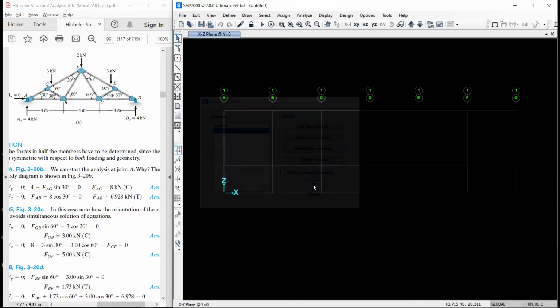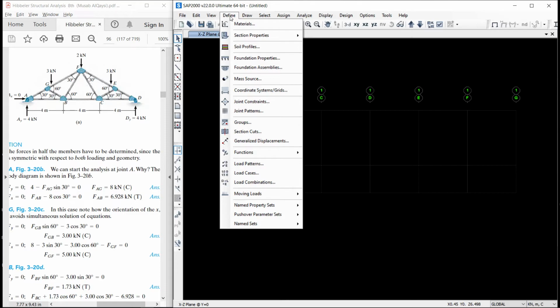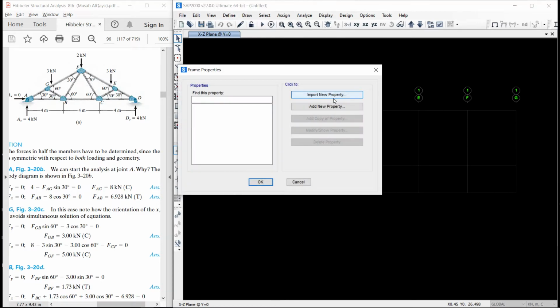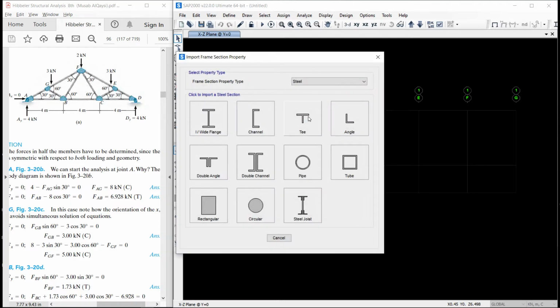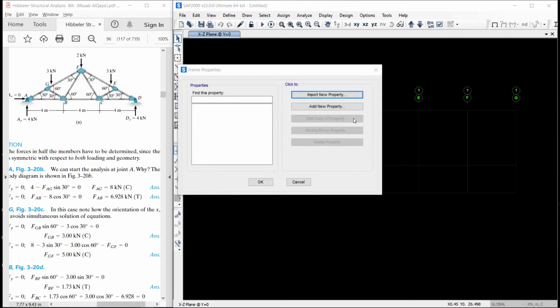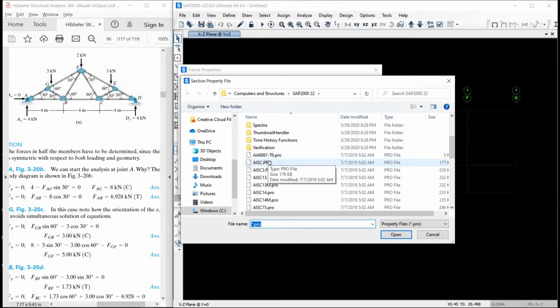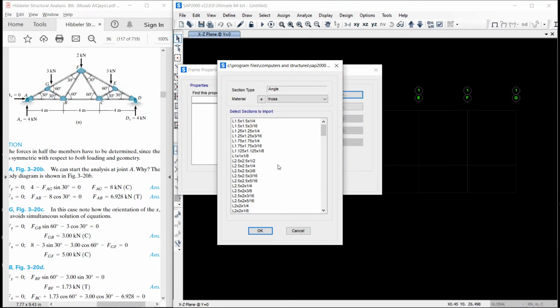Okay. Let us define the section properties. Frame. Well, normally we can take this value and we can add section properties from here. Let's say we select an angle of 3.5.